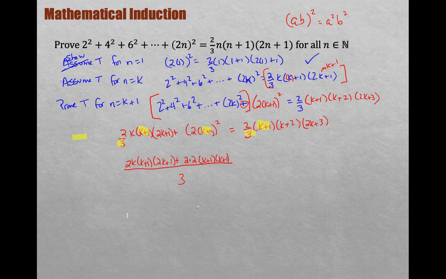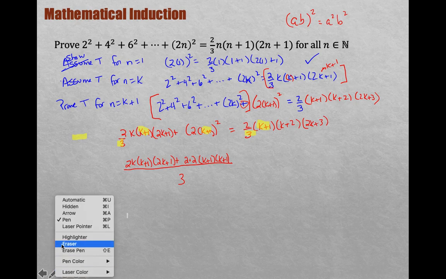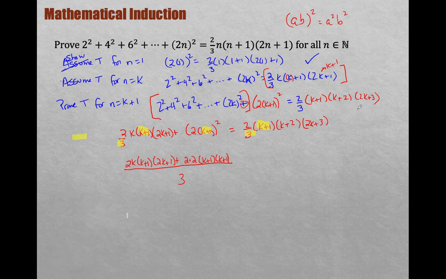Now, why would I do such a thing? Look at here's a plus. I can pull a k plus 1 out of the left side, to the left of the plus sign, and to the right of the plus sign. What can I also pull out?